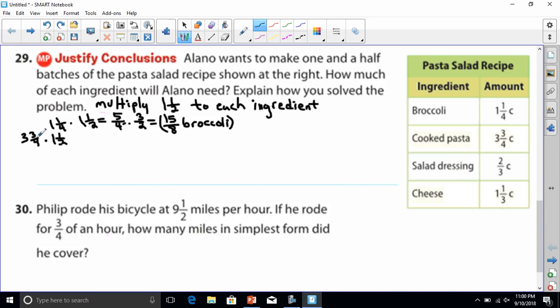If I do that, I see I've got 4 times 3 is 12. 12 plus 3 is 15. So this is going to equal 15 over 4. And now I also have to realize I have 1 1/2 again, and that's going to be 3 over 2.